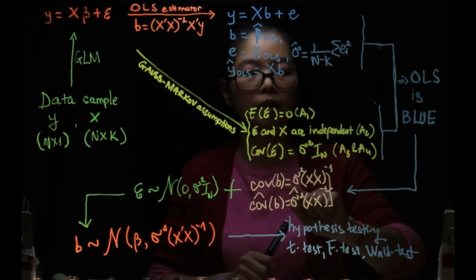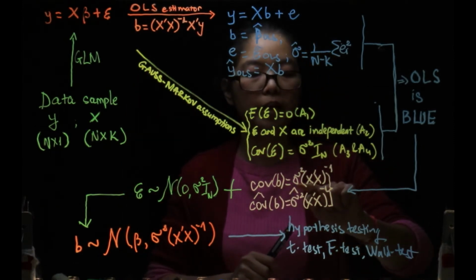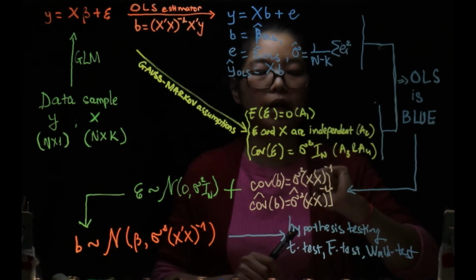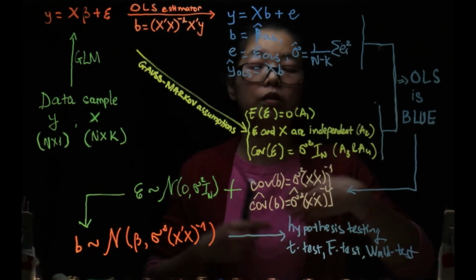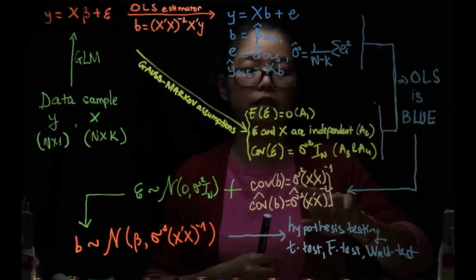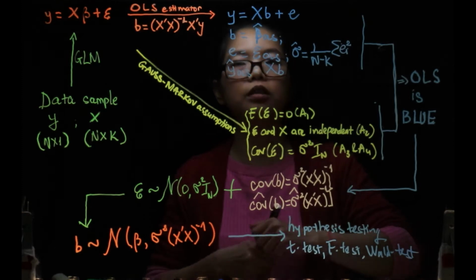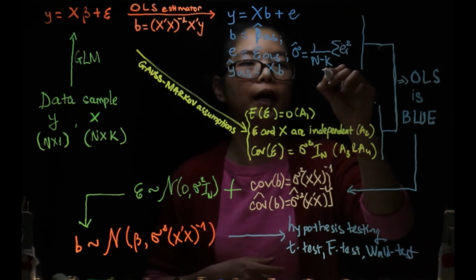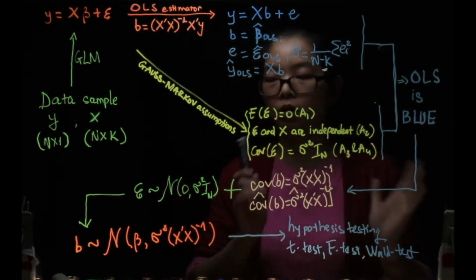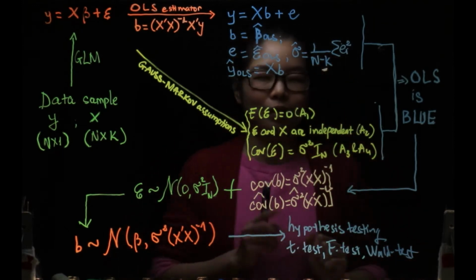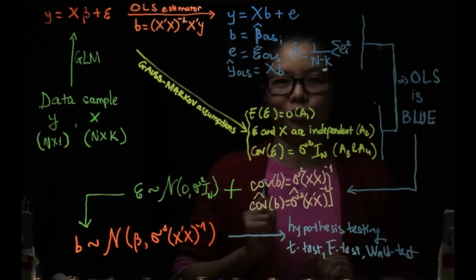This covariance matrix of b is given by sigma squared times X prime X inverse. And because we don't know the variance, in reality we replace it with the estimated version, which is here.